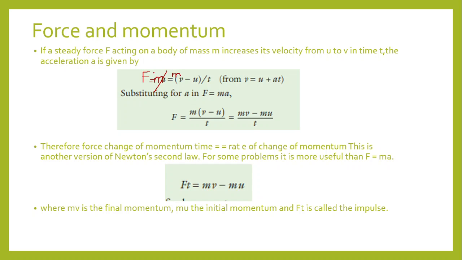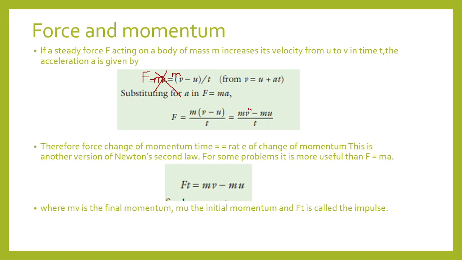It is m multiplied by v minus u divided by t, so mv minus mu divided by t. Mv and mu are both momentum. So this tells us that the rate of change of momentum is equal to force.